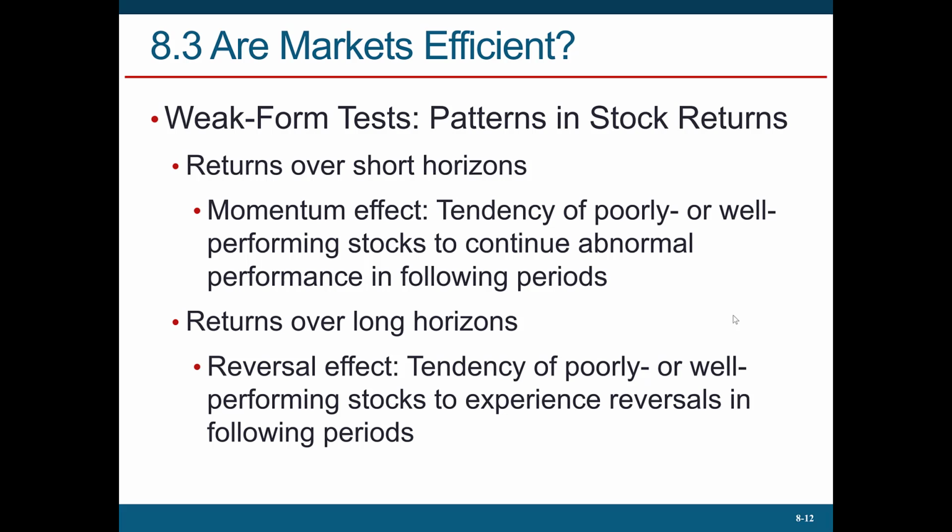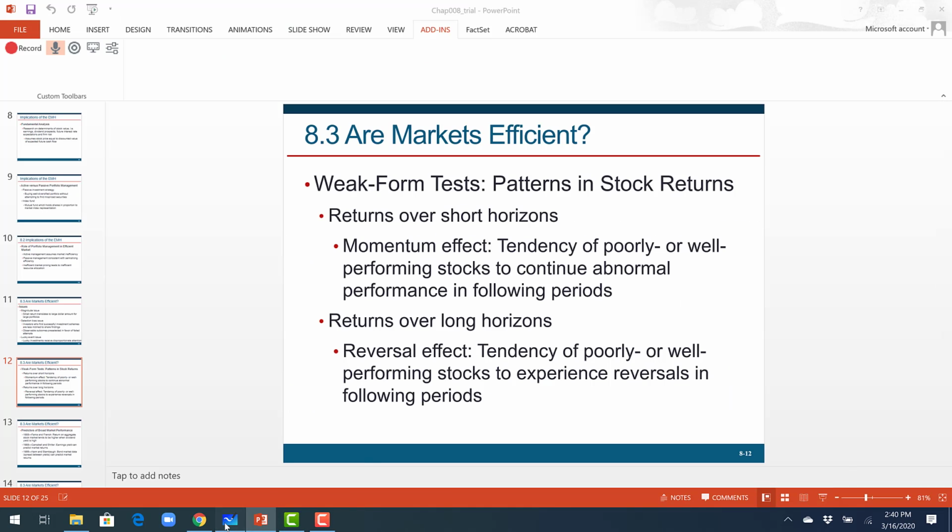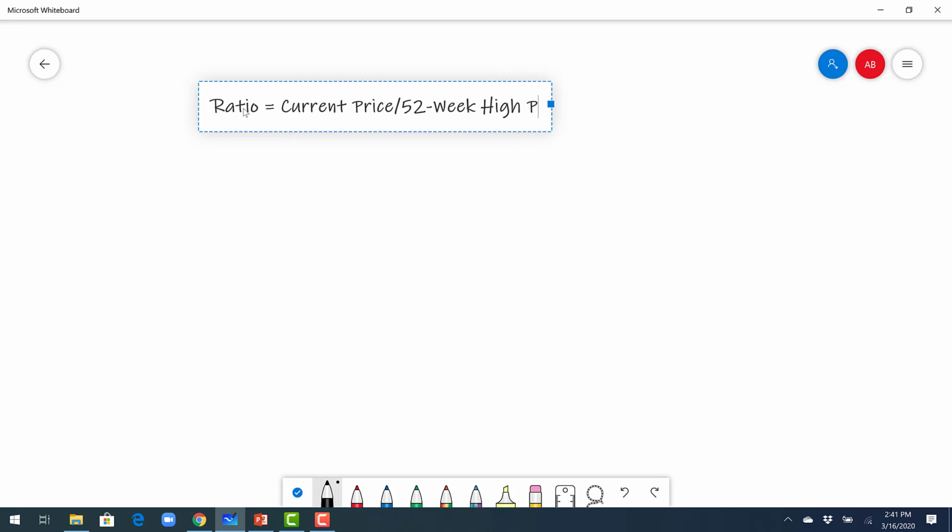And we also looked at a variation of this momentum strategy that is based on the 52-week high price, right? So that one is basically the idea that stocks that are trading close to their 52-week high tend to have superior performance in future. As we discussed in class, you can think about this ratio of current price to 52-week high price, right?